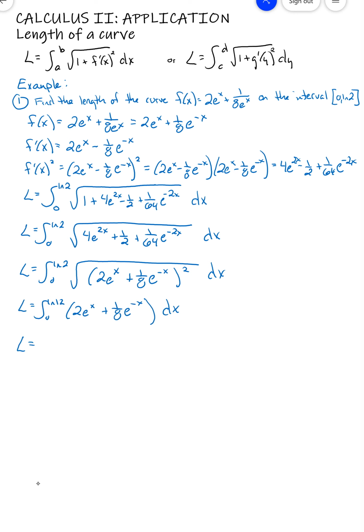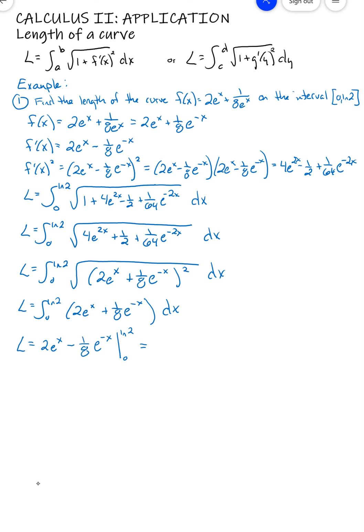Integrating 2e to the x gives us, well, 2e to the x. Integrating 1/8 e to the negative x, remember I would actually need to use a little bit of a u substitution on this, and we get negative 1/8 e to the negative x. Just be careful with that. We're evaluating this from 0 to the natural log of 2.